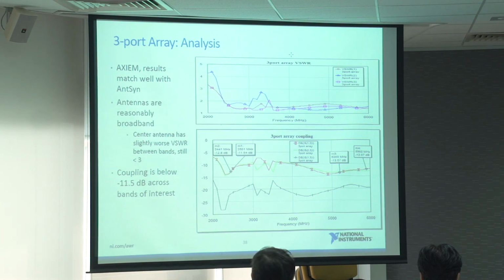Now, note that these antennas are actually pretty broadband. They're usable from low frequency all the way through, from the 2.4 through the 5 gigahertz, and pretty much everything in between. They're almost all with a VSWR less than 2 across that entire range. So that makes them quite usable and broadband.